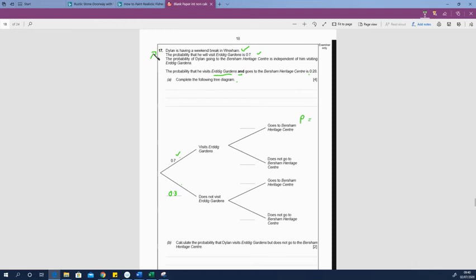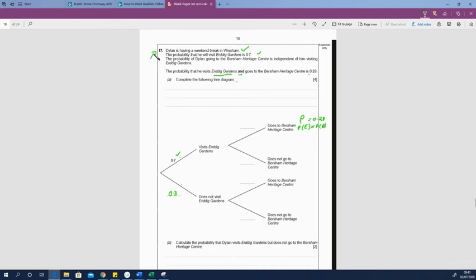equal to 0.28. Now that probability is calculated by the probability of him visiting Erddig, and in probabilities 'and' means multiply, the probability of him going to Bersham.